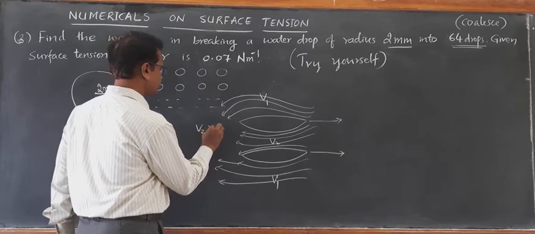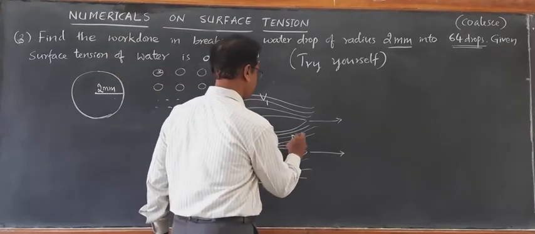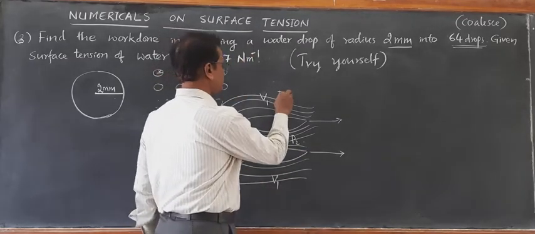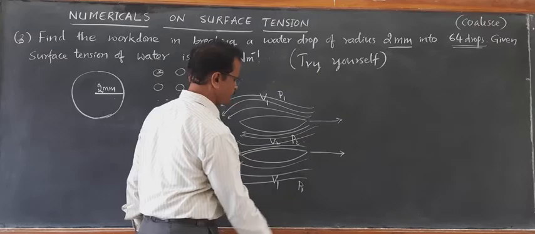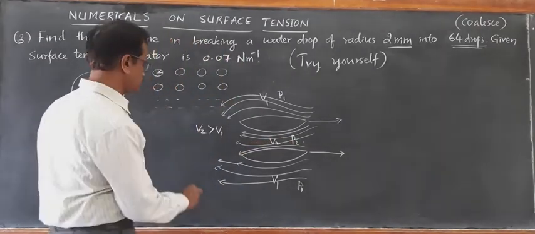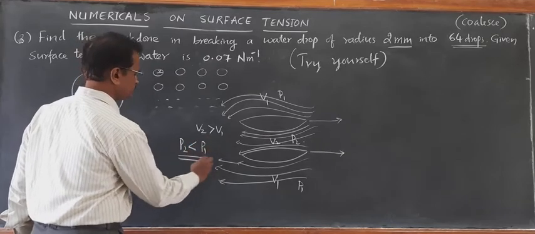When V2 is greater than V1, then what happens? If you take the pressure here as P2 and here P1 is the pressure, then P2 suddenly drops. P2 becomes less than P1.